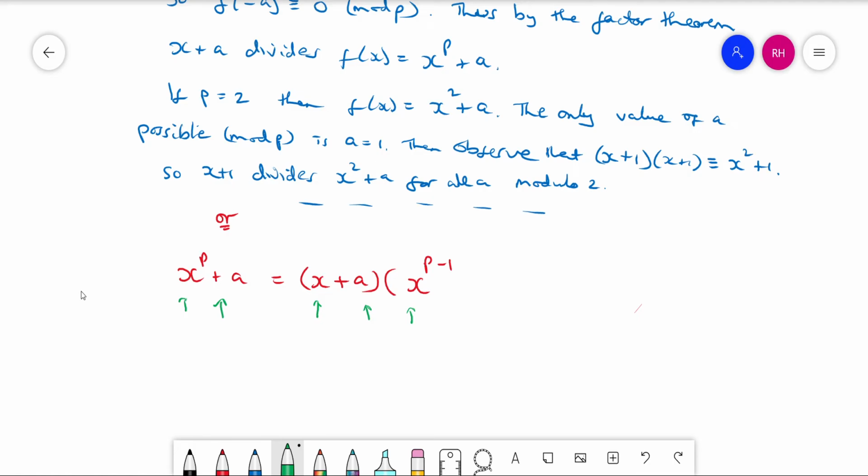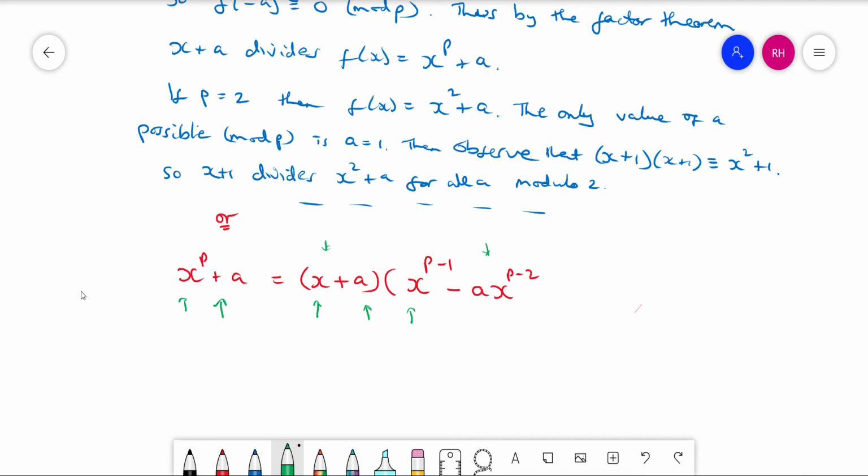So I'm going to have to get rid of that, and the way I get rid of that, I think, is if I go minus a x to the p minus 2, because when I multiply that by that, I'll get minus a x to the p minus 1, which is what I want to get rid of.